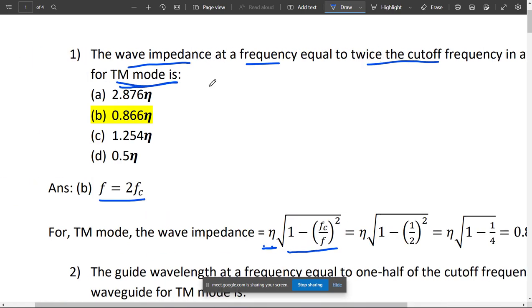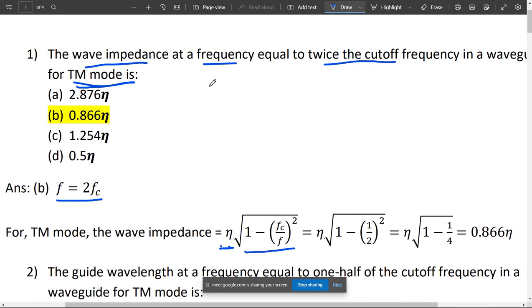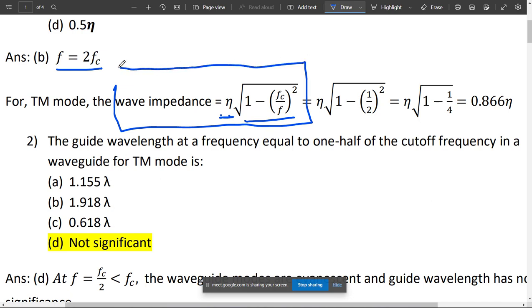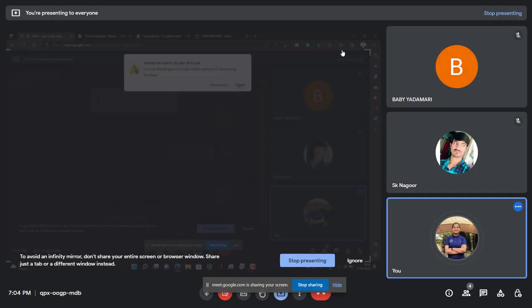For TM mode, the wave impedance is eta into the square root of 1 minus (Fc by F) squared. We know the ratio of Fc by F is 1 by 2.